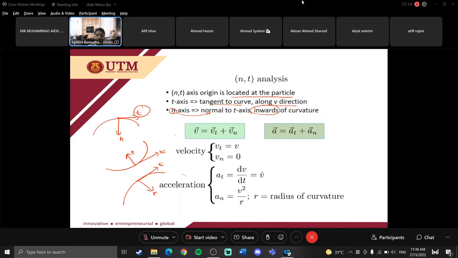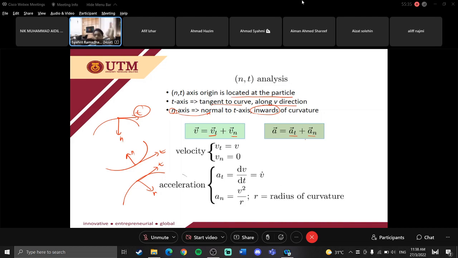All right. So when you have a normal and tangential axis, you can find the velocity tangent and velocity normal, and then you will have acceleration tangent and acceleration normal. Please bear in mind, velocity and acceleration are vectors.